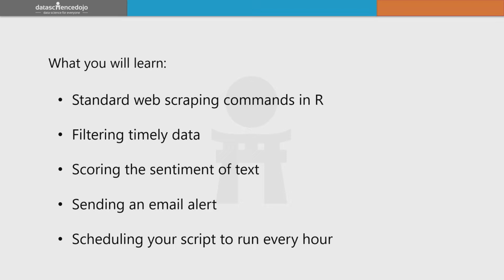I'm also going to introduce you to a little bit of sentiment analysis. So we're going to be scoring the sentiment of the text. And then when we get the results of our analysis, we're going to send an automatic email alert of the results. And I'm also going to show you how to schedule your script to run every hour in the background of your computer, so you don't have to manually do this. You can free up your time to work on more interesting tasks.